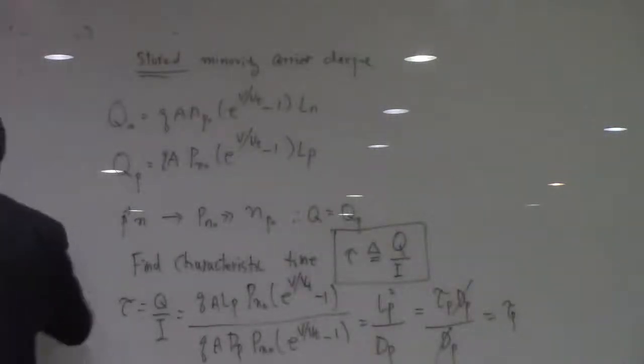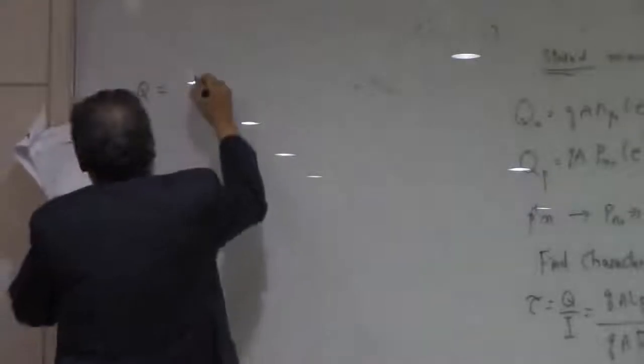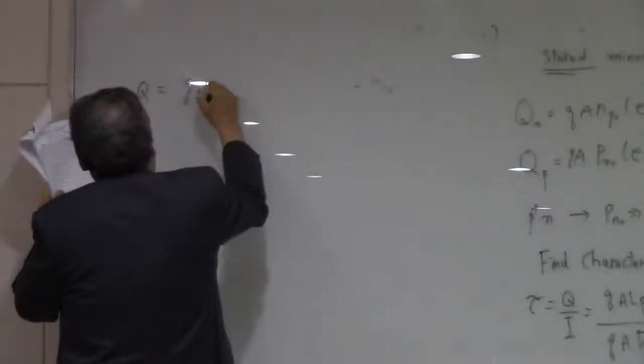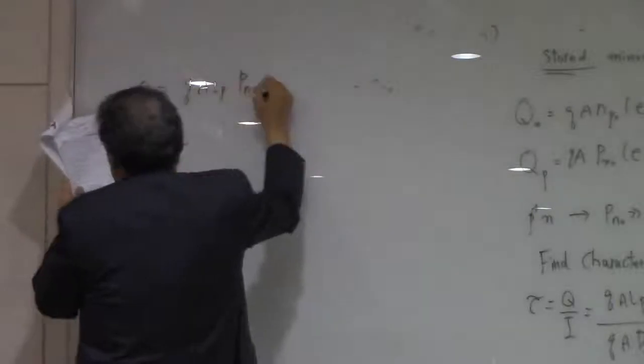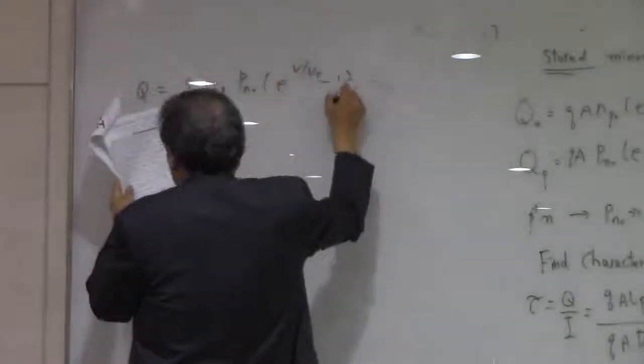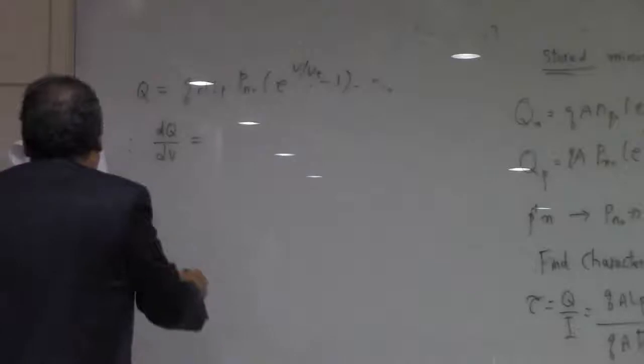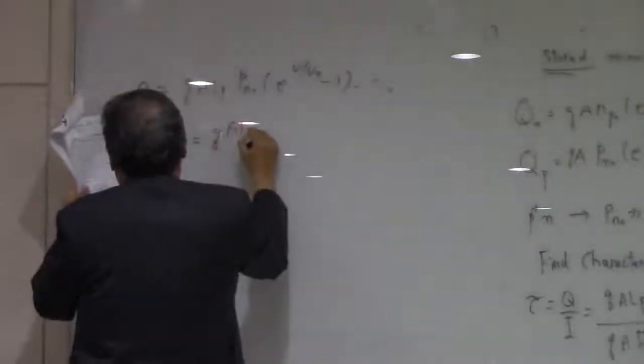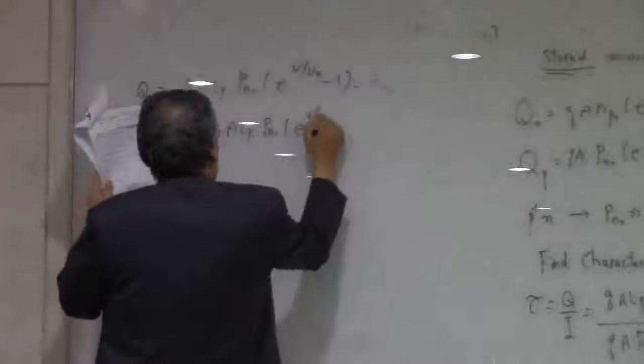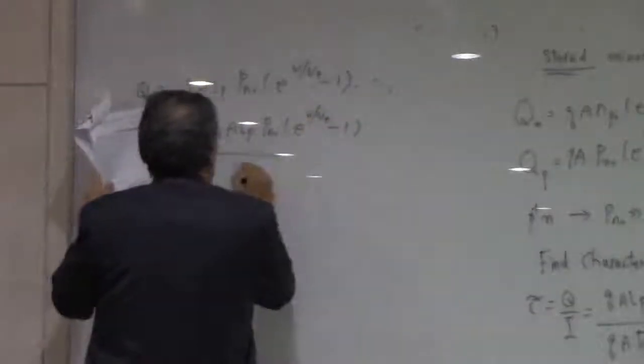The capacitance is nothing but dq over dv, and we know the q is going to be QA lp p n naught e to the v over vt minus 1, and so dq over dv, which is the capacitance, is going to be qa lp p n naught e to the v over vt minus 1 over vt.